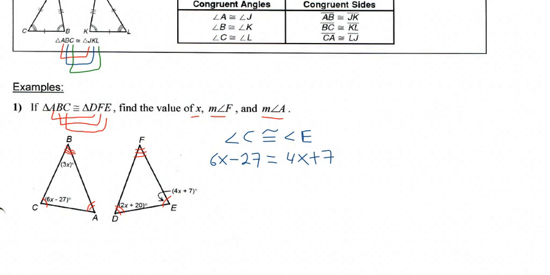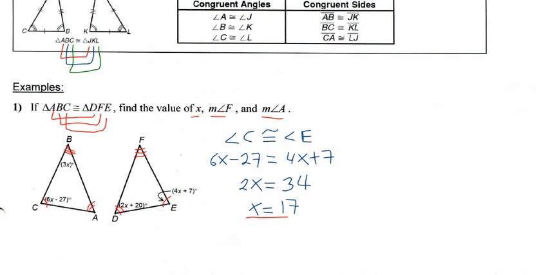Then we solve this equation. 2x is equal to 7 plus 27, which is equal to 34, and x would be equal to 17. So we have our first answer, which is the value of x. The value of x is 17.